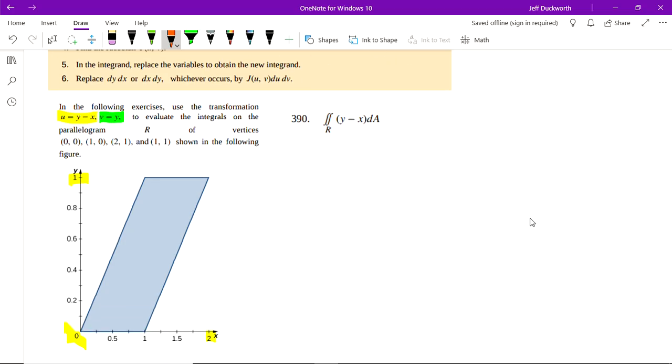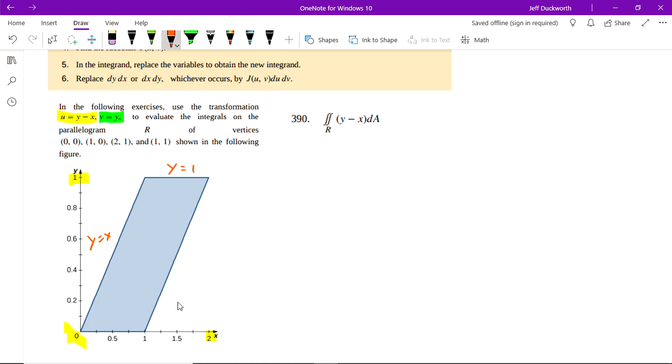All right, so this line on the left is simply y equals x. Up top, this is just simply y equals 1.